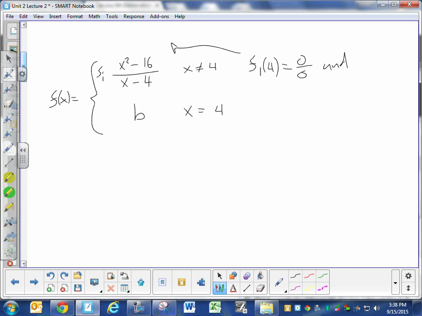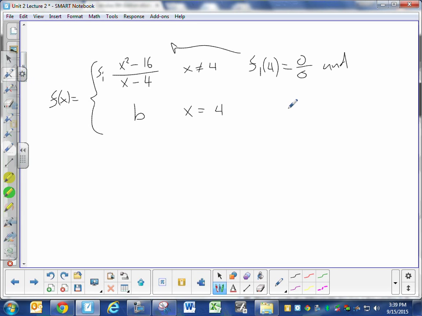That means that piece, that x squared minus 16 over x minus 4, probably has a hole. And our goal is to find the location of that hole, and that's where b has to be to fill in that hole. We had a question like this on the review of our first unit.